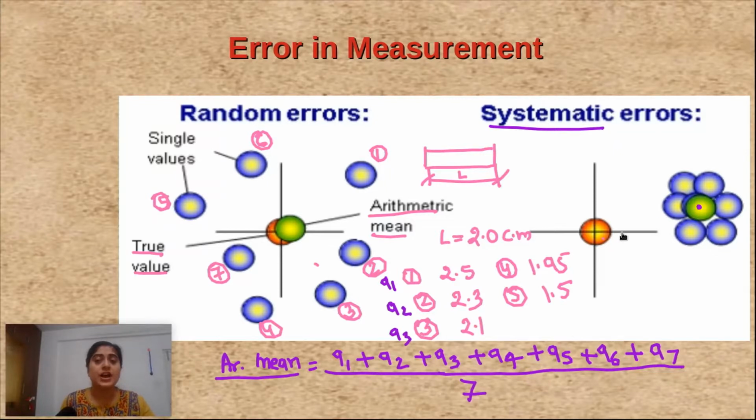In the random error, I told you the precision is not correct. At that time I was explaining accuracy and precision, but here I am talking about the errors.